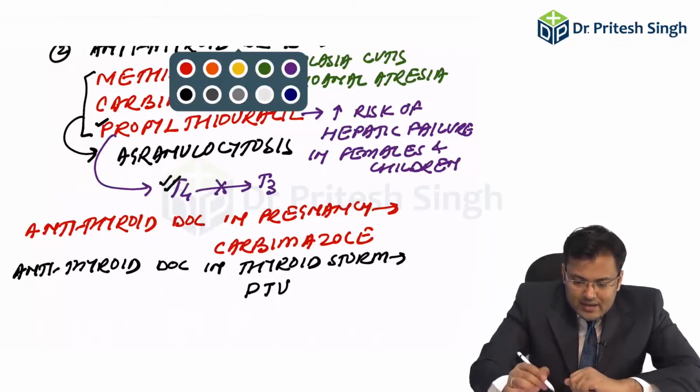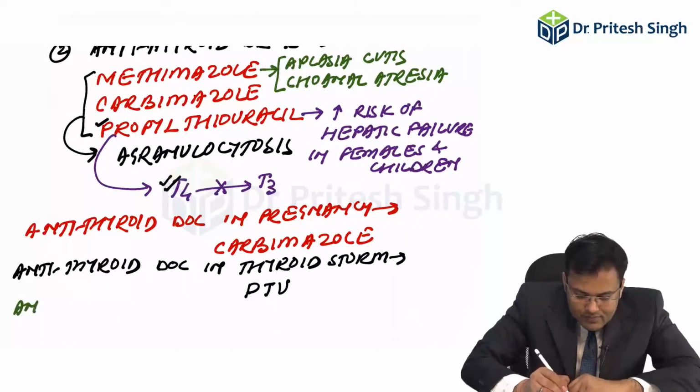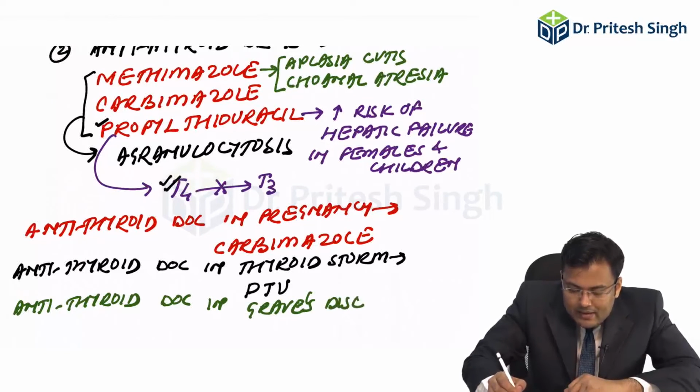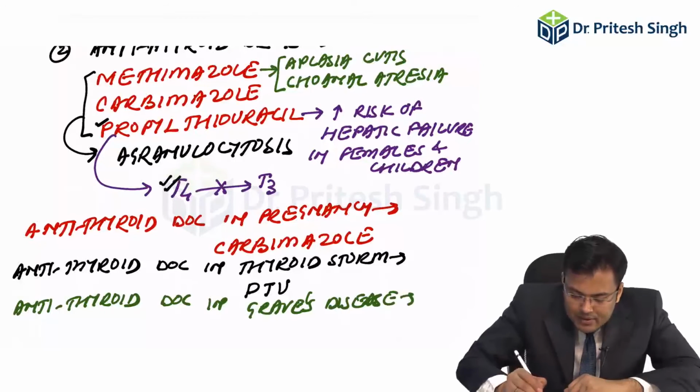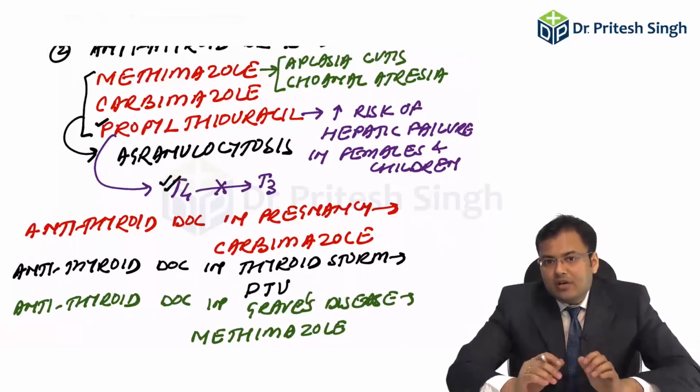What's the antithyroid drug of choice in Graves' disease? And that is methimazole.